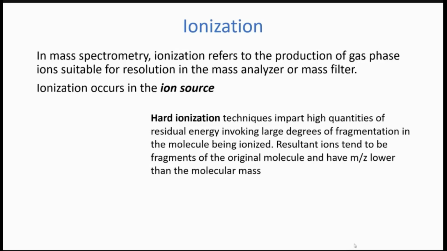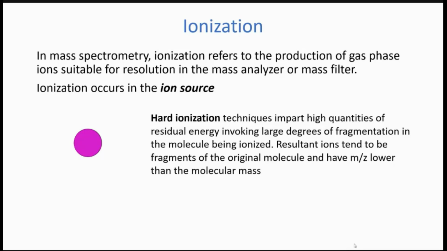The first is called hard ionization, and this is when high quantities of energy cause actual fragmentation of the molecule being ionized. The resulting ions tend to be fragments of the original molecule, and they usually have a lower mass to charge ratio than the precursor mass, or mass of the original molecule.